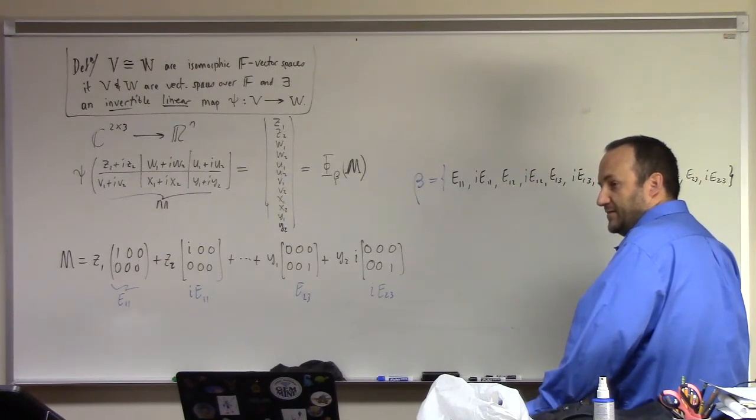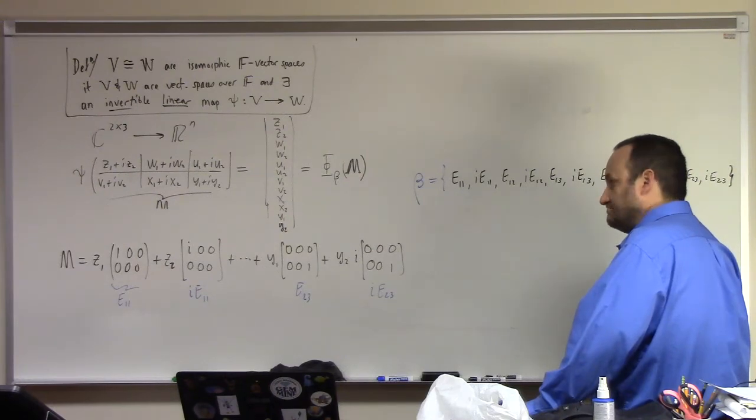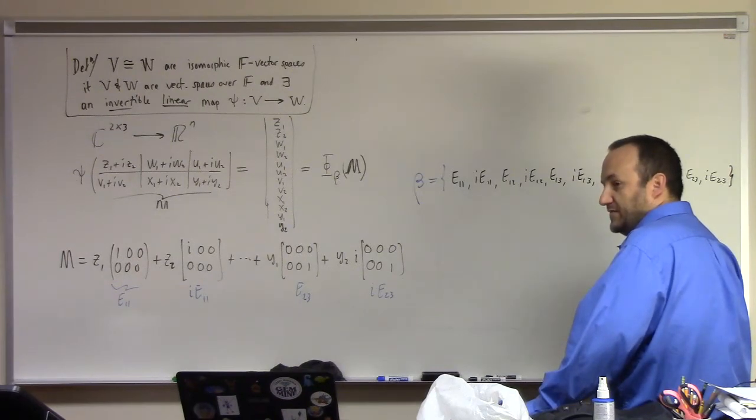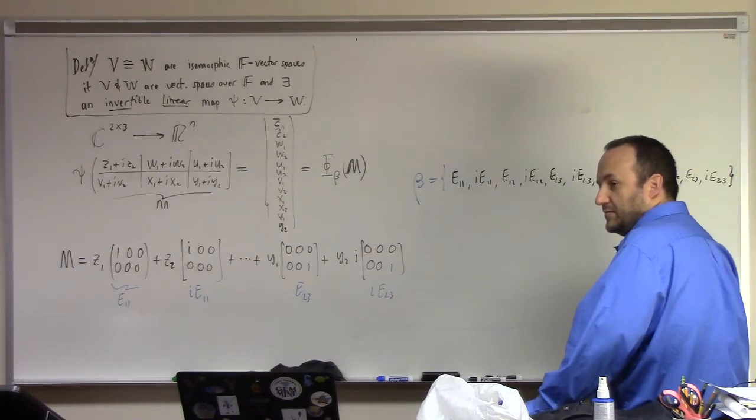If you have a complex vector space and I say find an isomorphism to C^n, that's just a sideways way of asking you to find a complex coordinate map. The coordinate maps are probably the most important isomorphism in this course and the one that we keep using throughout.